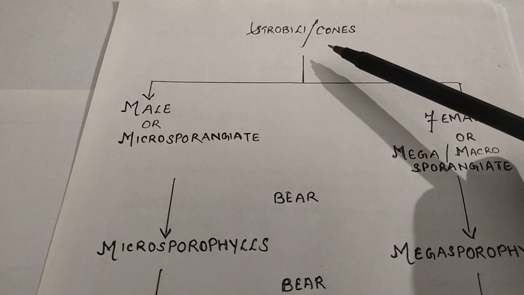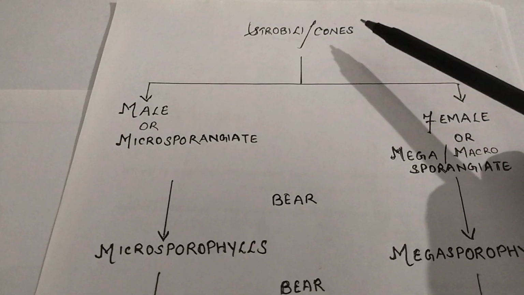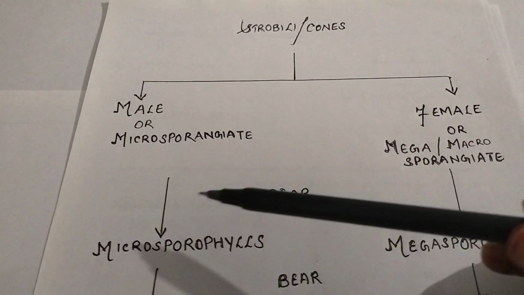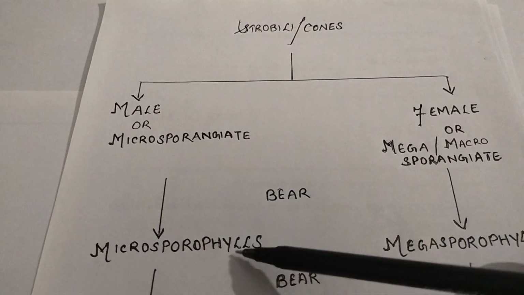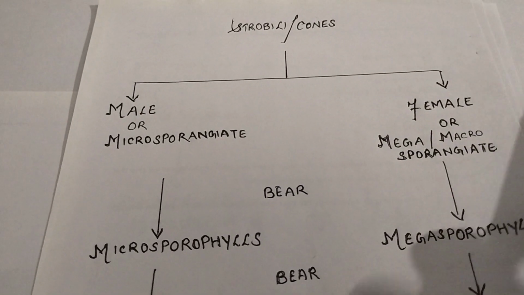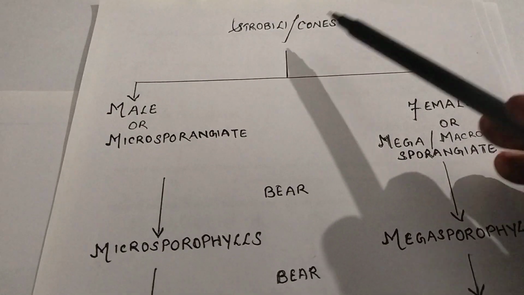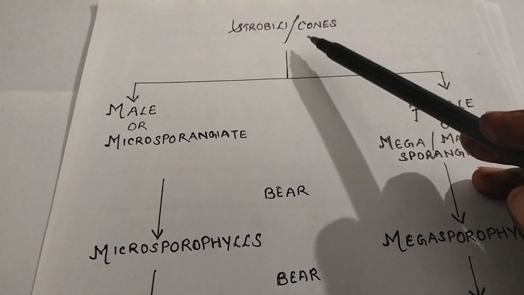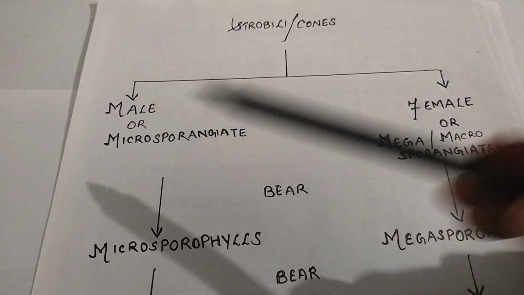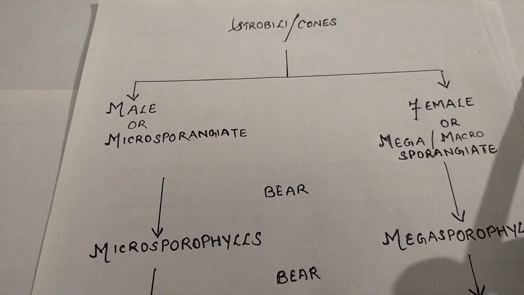So strobili or cones. These strobili or cones are present in gymnosperms which produce microsporophylls or megasporophylls. See, heterosporous condition is there. There will be cones of two types. One will be male and other will be female.